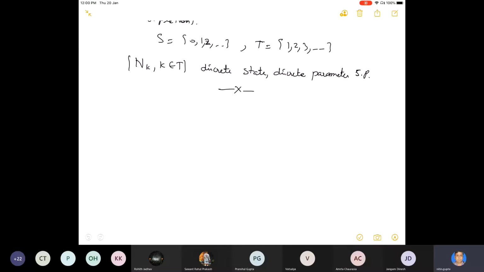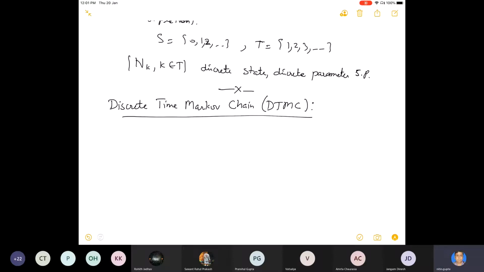Okay, so now we are starting with the discrete time Markov chain, DTMC. As the name suggests, discrete time means discrete parameter, and chain means discrete state.